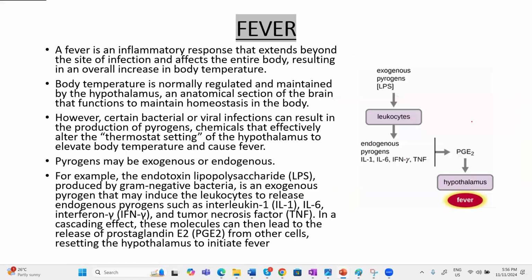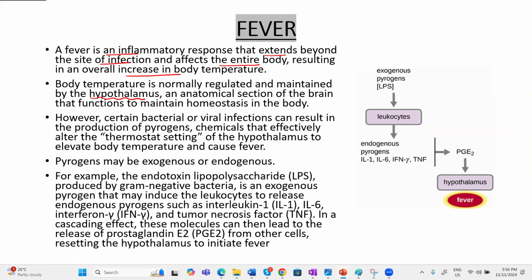Clear? Next is fever. Fever is an inflammatory response which extends beyond the site of infection and affects the entire body. It is an overall increase in body temperature. You know, normally body temperature is maintained by the hypothalamus.